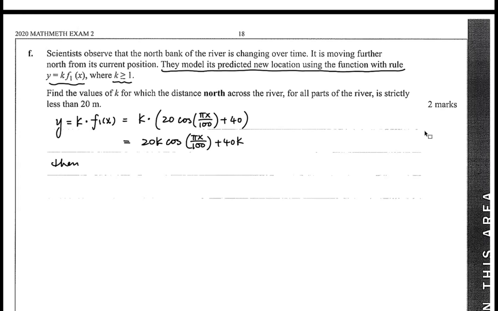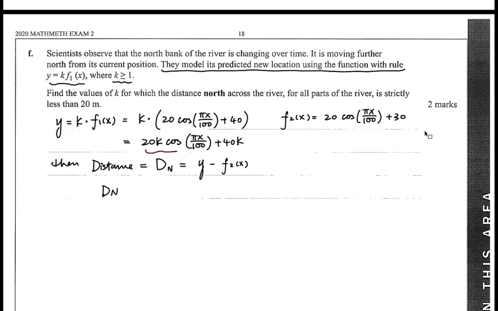Then the distance, which is d, let's say d north, dn, will be y minus f2 of x. f2 of x is just 20 cosine pi x over 100 plus 30. So you are subtracting that and that, taking 30 from 40k.